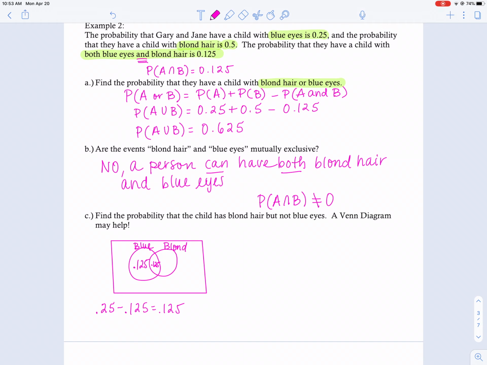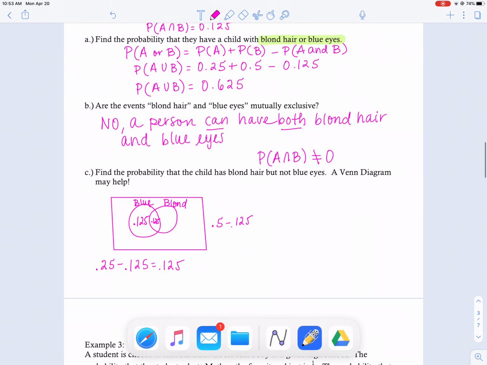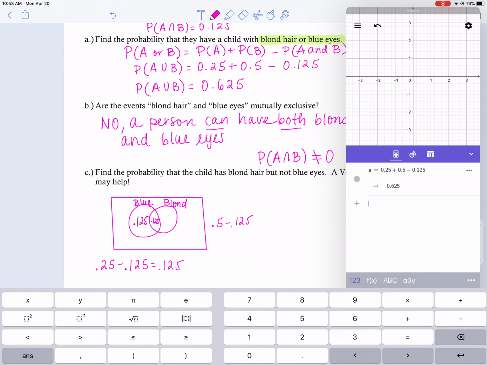And then there's blonde hair. If you just had blonde hair, you had 0.5. So now take that 0.5 and subtract out 0.125. So I'm going to go to my calculator and just show that 0.5 minus 0.125 is 0.375. So blonde is 0.375.